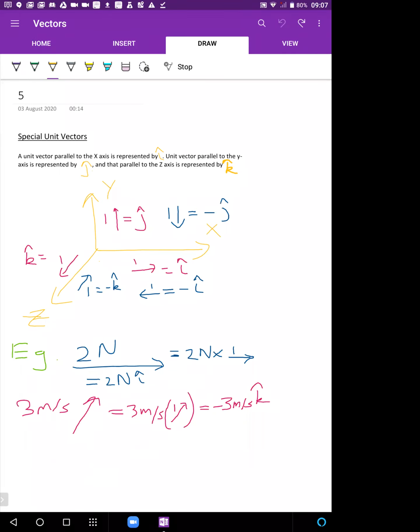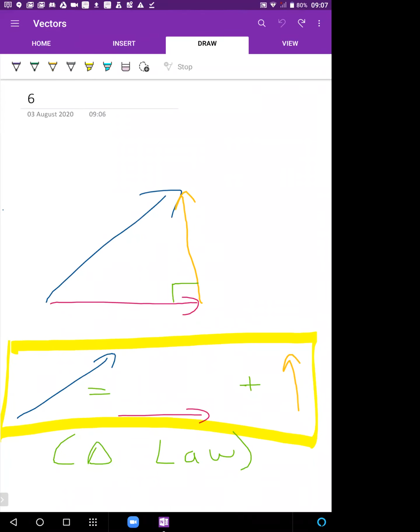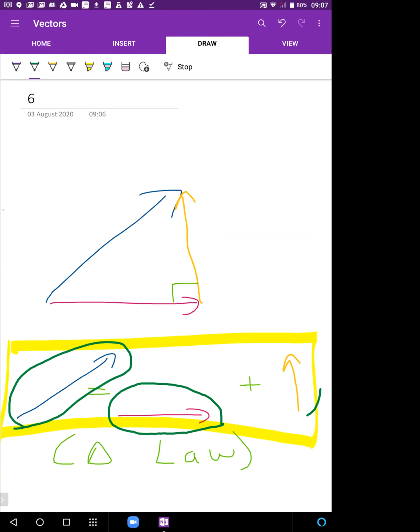तो उसके लिए what we're going to do is we are going to say कि ये जो blue vector है वो तो by triangle law हम prove कर सकते हैं कि it's the pink vector plus the yellow vector. Do you agree with that? मतलब I can replace my blue vector with this pink vector and this yellow vector.